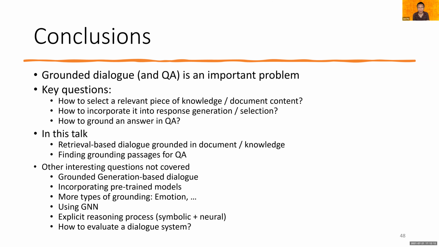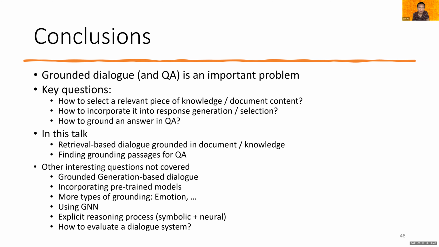Thank you. Any further questions? Yeah, I have one question. When you do this grounding, first of all, do we assume that the knowledge base or the documents are consistent, in that they don't contain any conflicting facts or conflicting information?